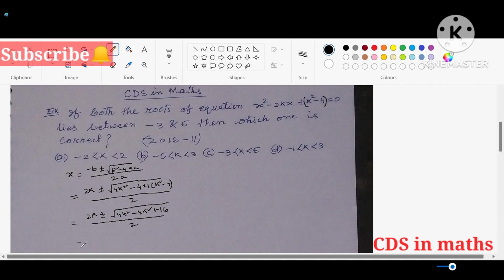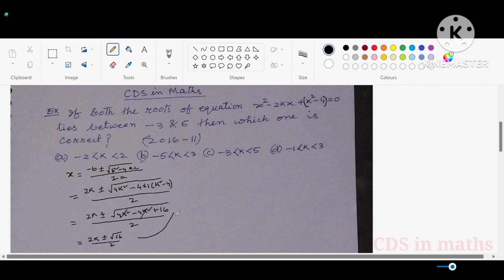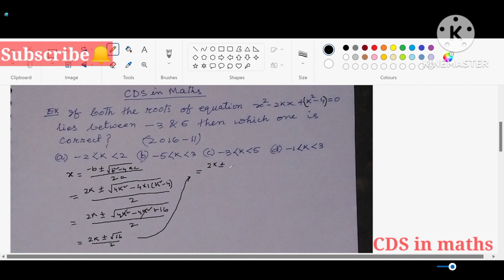So it is equal to 2k plus minus, here 4k square cancels, under root 16 by 2. So now I am solving here. After this it is equal to 2k plus minus, under root 16 is 4. Under root anything is positive, I discussed earlier in one video. You can go to that video to see why it is positive only.